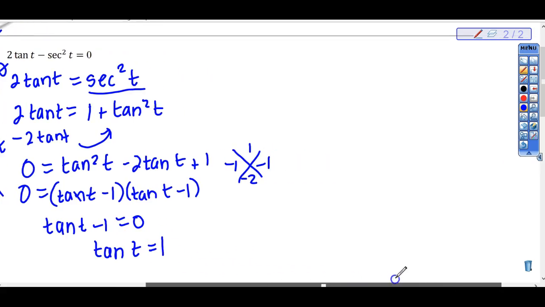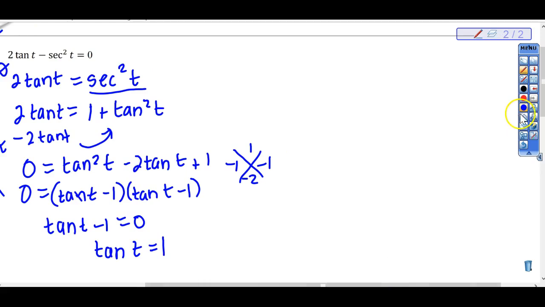So I'm going to scooch over here and draw a little picture of a unit circle. When is tangent equal to 1? That's when your sine and your cosine are the same value, because remember, tangent is sine over cosine. Tangent is also positive up here in quadrant 1 and down here in quadrant 3.